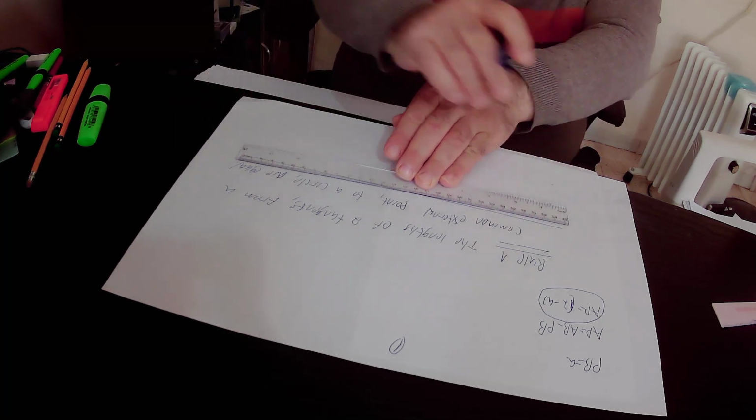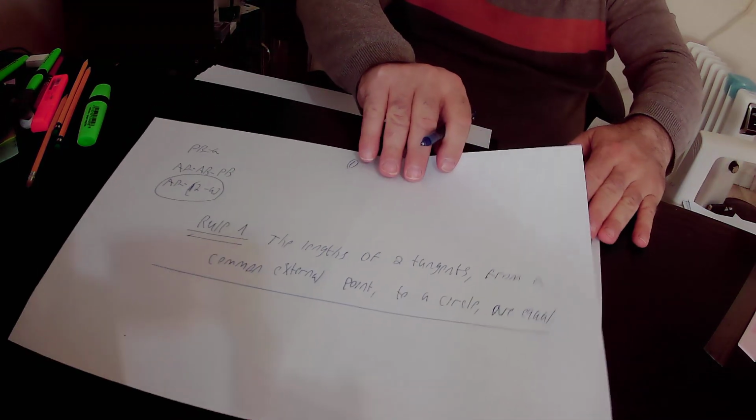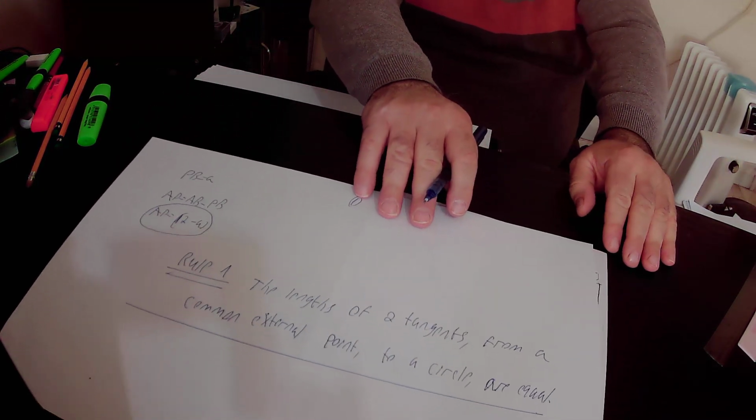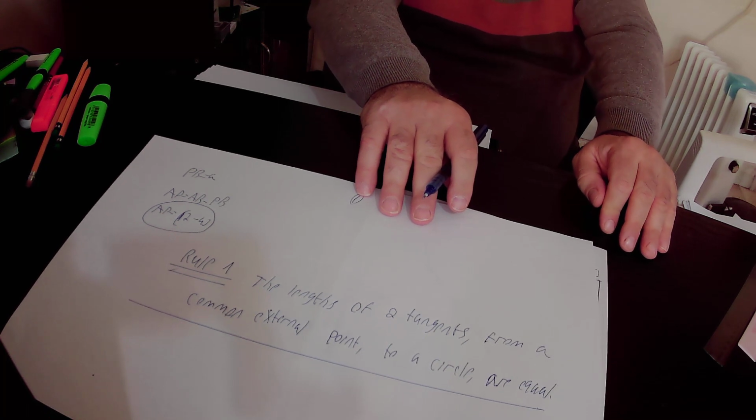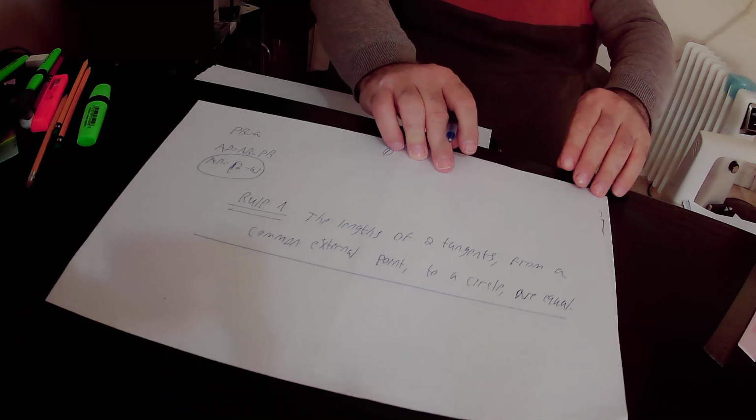So I will read rule number 1 again. According to rule number 1, the lengths of two tangents from a common external point to a circle are equal.